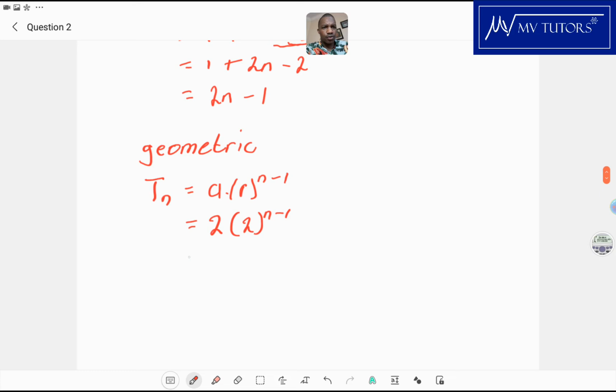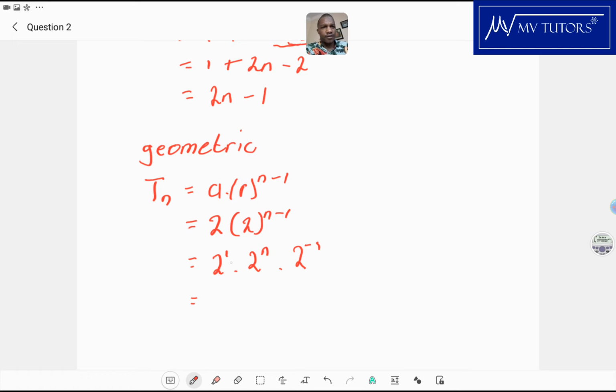Now, I like to simplify this. If you remember the laws of exponents, you can do this. 2 is just 2 to the power 1. And then we can separate these such that we'll have 2 to the power n times 2 to the power minus 1.